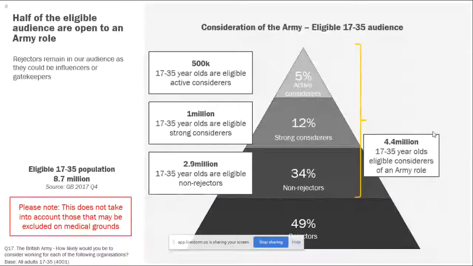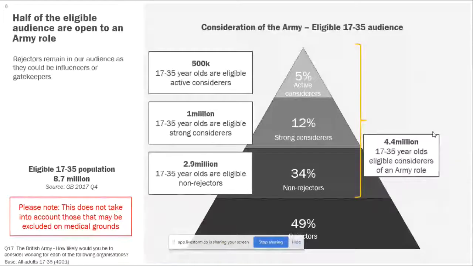In the middle, we have people that are quite keen, but need a bit of influencing. And then we have a group we've referred to as non-rejectors. These are people who maybe have never thought about the army, but potentially we could try to influence because they're not out and out rejectors for us. So we break down our population like that, so we know what our audience actually is.